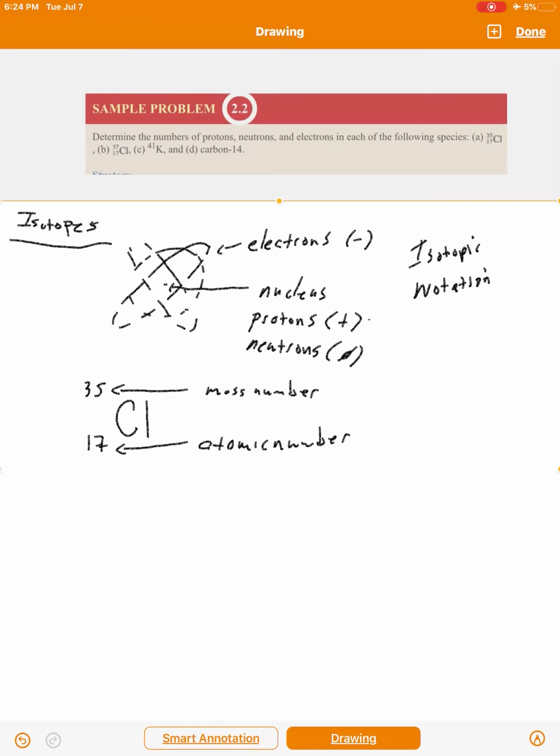These 2 particles here, the protons and the neutrons, those are often referred to as nucleons. A nucleon is a particle that is in the nucleus, and those are both in the nucleus, so they're called nucleons. The mass number is the number of nucleons in the atom.